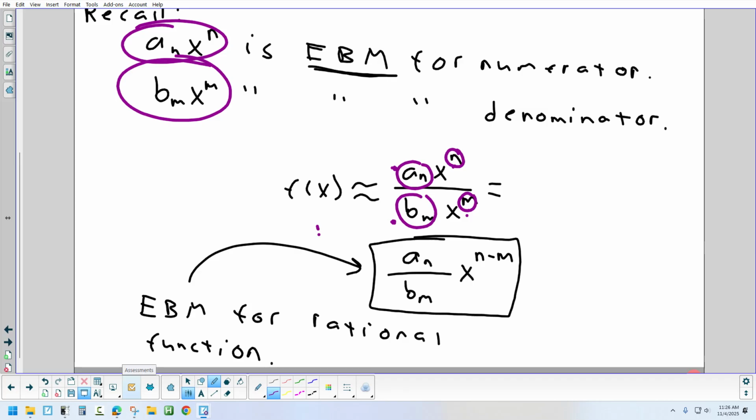If you had something like this, how could I write that so there is no negative exponent? Yep. 1 over x squared, yes. So if you've got a negative exponent, we're going to put it in the bottom of a fraction, so that way it's not negative.